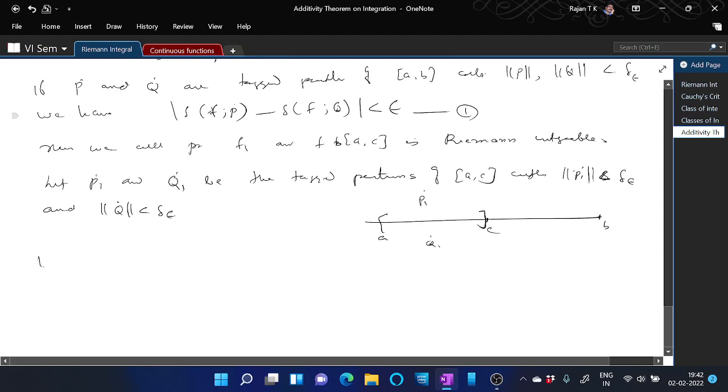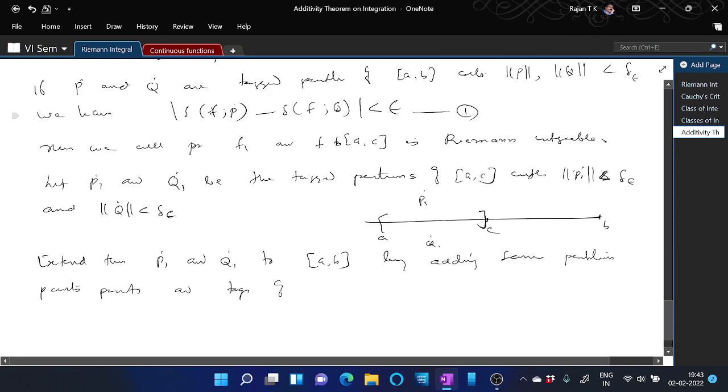Now extend this P1 and Q1 to the whole interval [A,B] by adding the same partition points and tags of [C,B].